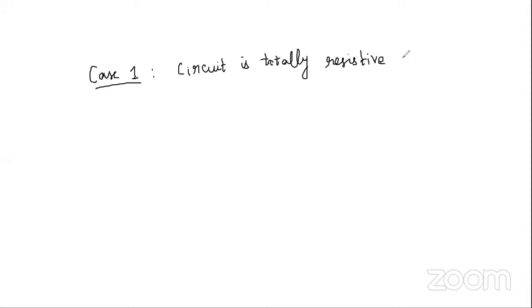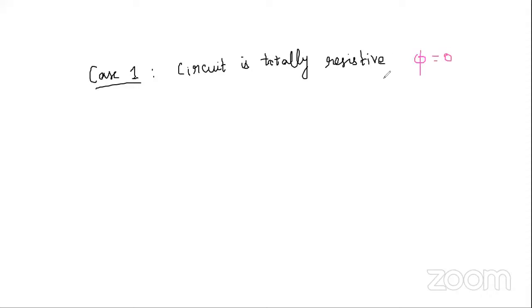Can anyone tell me? In a purely resistive circuit, with only a resistor alone, what is the phase difference? The phase difference is phi equal to 0.